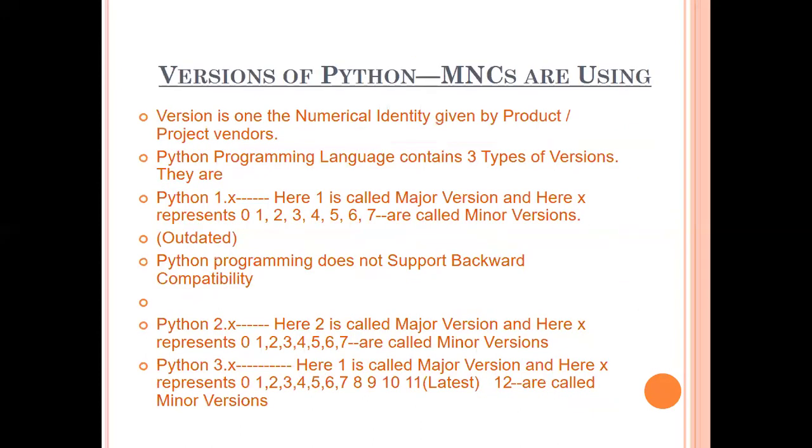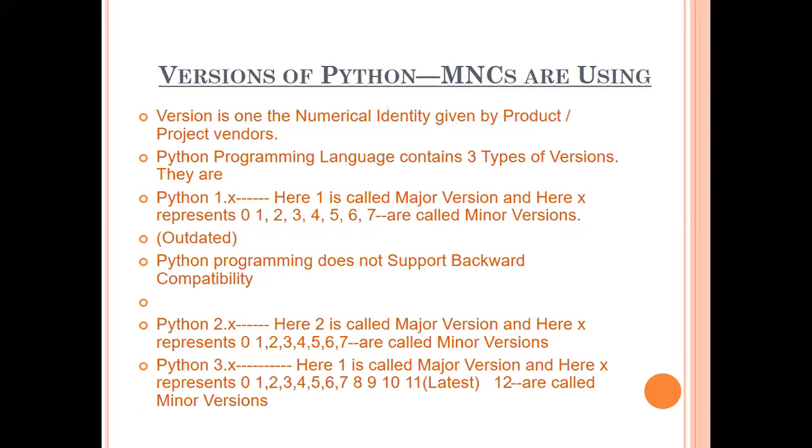MNCs have used three types of versions. 1.x, where 1 is the major version and 0.1, 0.2, 0.3 are the minor versions, are outdated nowadays, and Python does not support backward compatibility. Then Python 2.x, where 2 is the major version and x represents the minor version, 1, 2, 3, 4, 5, 6, 7, and so on.